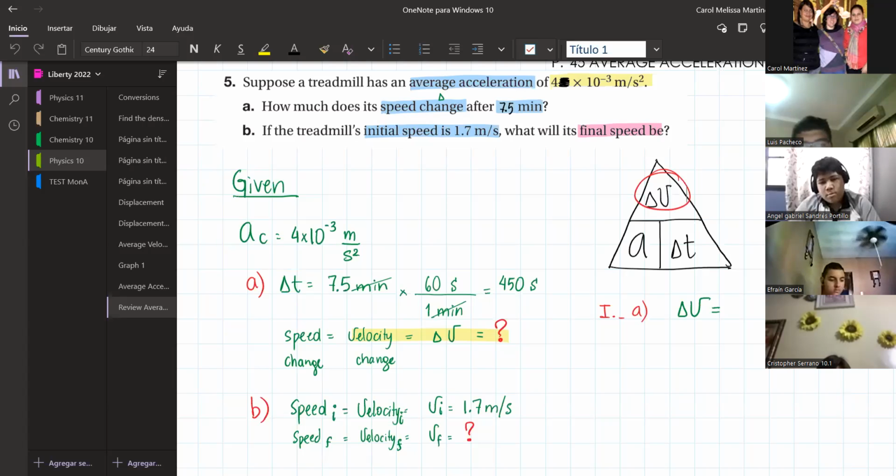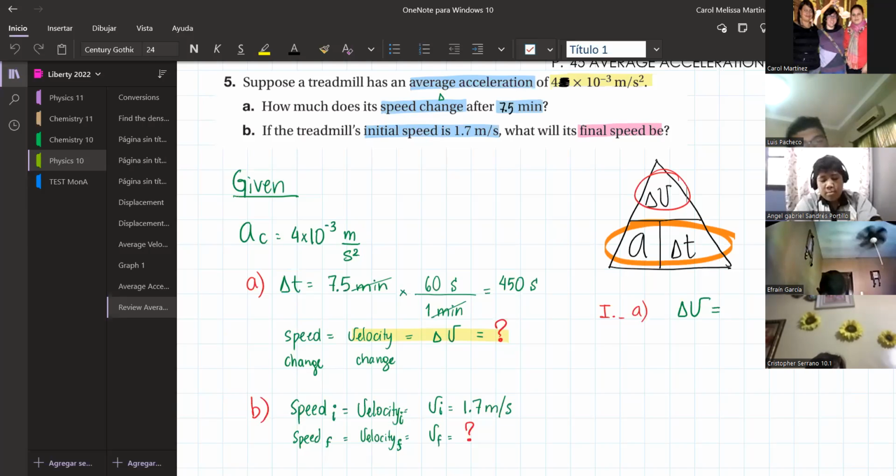So what is the formula that I'm going to use for delta V? It's going to be what is left from the triangle. Remember, you remove the value that you have, you don't use it. Instead, you will use the remaining part of the triangle, in this case the bottom part.